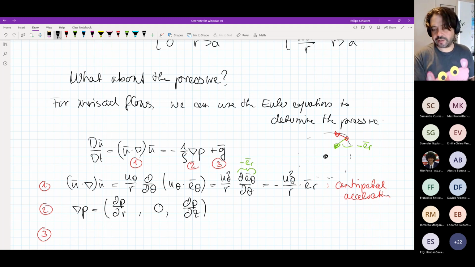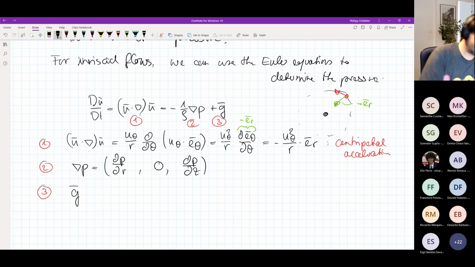We just know that the theta derivative of the gradient is 0 because it's homogeneous in the azimuthal direction. And then finally, the g vector. Of course, now we need to define a direction, but in this case, because we talk about concentric streamlines where we have a homogeneous distribution in the plane, it means that we have the gravity in the negative EZ direction.